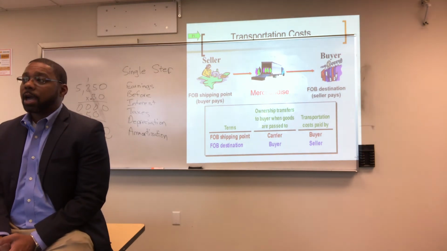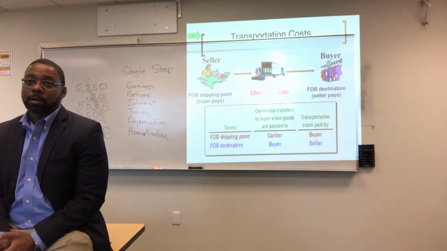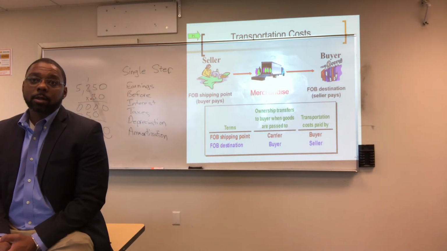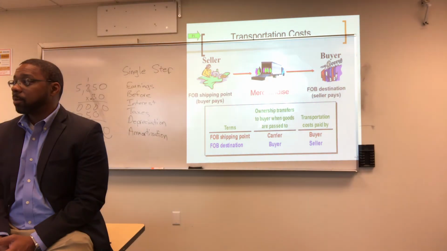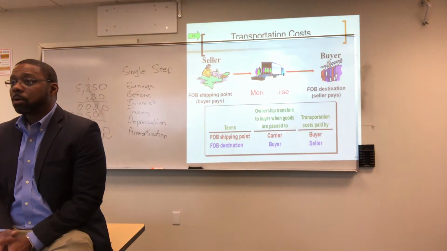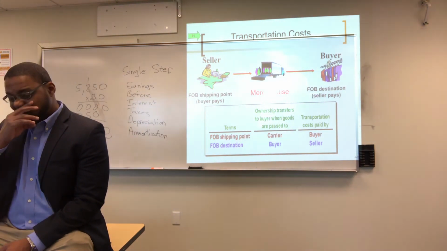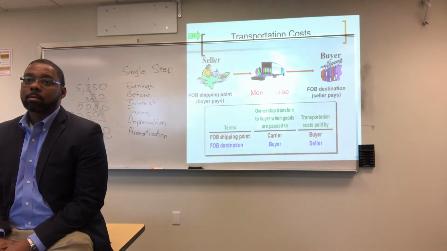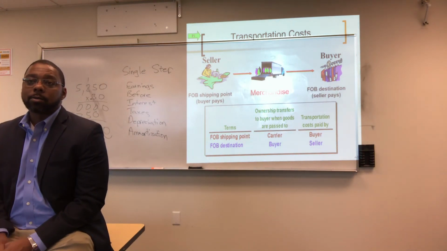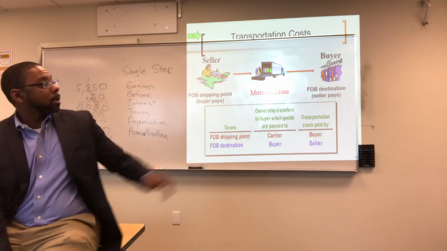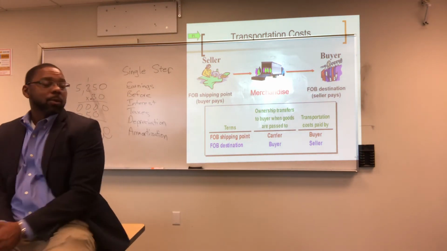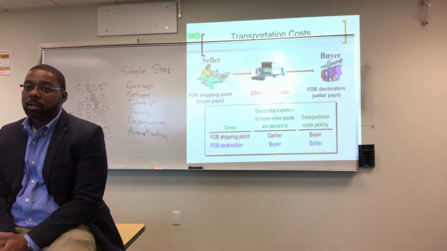Initially, we did cash and accrual basis of accounting. That will change your net income. If one person does cash basis, one person does accrual, that could potentially change your net income. Another thing that can change how you calculate is FOB shipping point and FOB destination point.